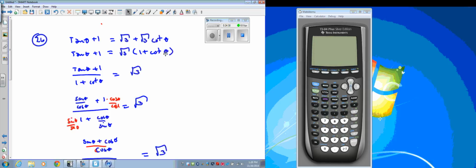You have to take apart your thing to get the identity of like 1 plus tangent squared, which is like secant squared. And I don't know how to manipulate it to get it.